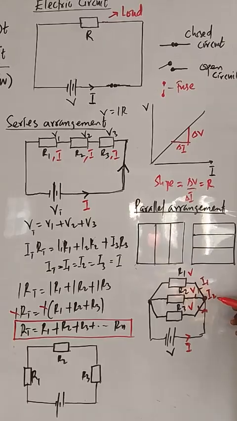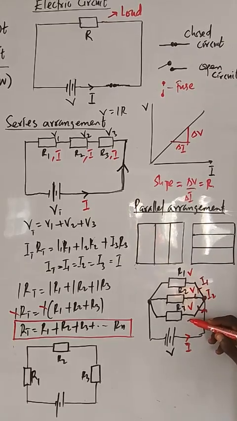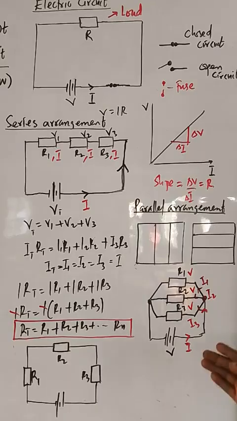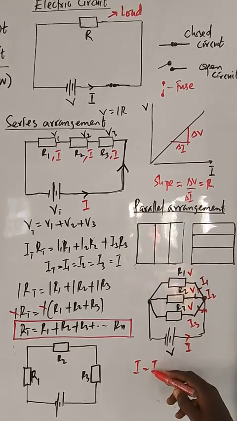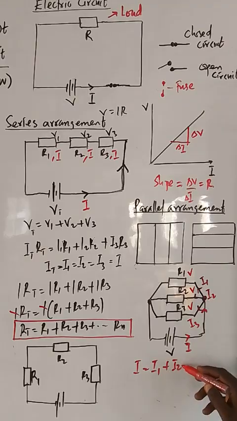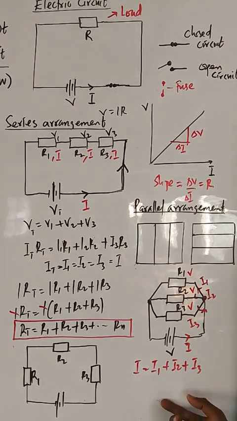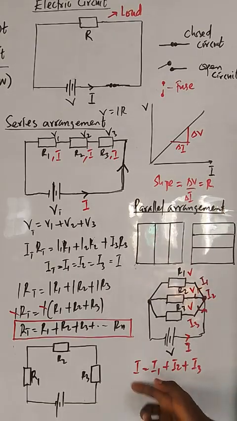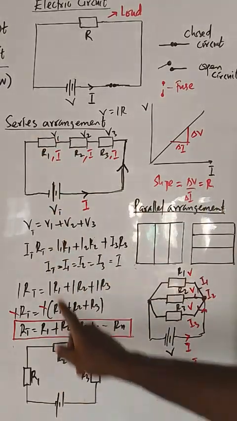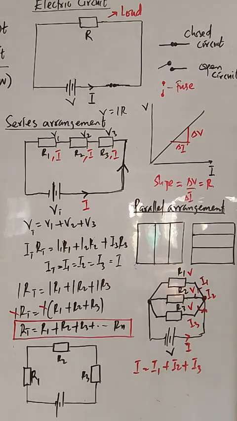This one I2, that will go to R2, and this one I3, that will go to what? R3. So in this case, the current is split into three. So the total current I equals I1 plus I2 plus I3. And this is what we call Kirchhoff's current law. So for parallel, we add current to get total. For series, we add voltage to get total.